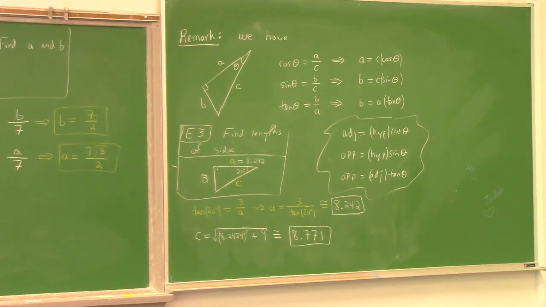Suppose you're dealing with this rather silly triangle. Suppose this is 1. This is 10. And of course, this is the square root of 101. If this is theta, cosine of theta is what? Well, it's the adjacent over the hypotenuse.